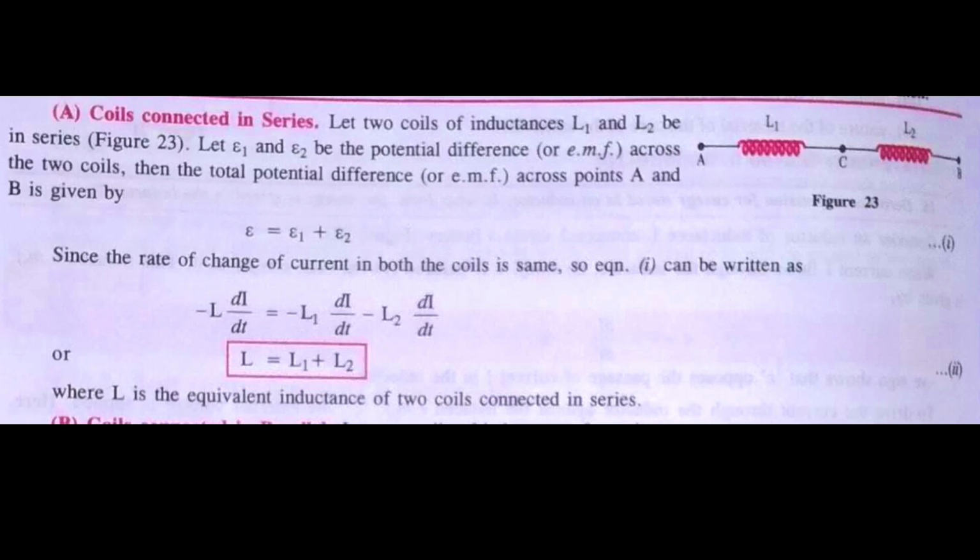Using the formula, epsilon is minus L dI over dt, for epsilon 1 it is minus L1 dI over dt, and for epsilon 2 it is minus L2 dI over dt. After doing the calculation, we have the relation L equal to L1 plus L2. So the total inductance increases when the coils are connected in series.